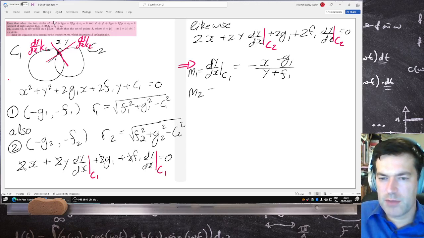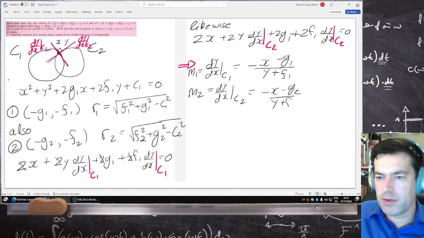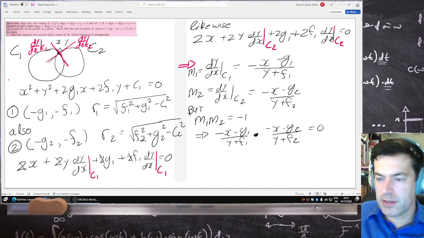And likewise m2, that would be dy/dx c2, and that would be minus (x plus g2) over (y plus f2). But remember, because they're perpendicular, m1 times m2 should equal minus 1. So that means minus (x plus g1) over (y plus f1) times minus (x plus g2) over (y plus f2) should equal minus 1.